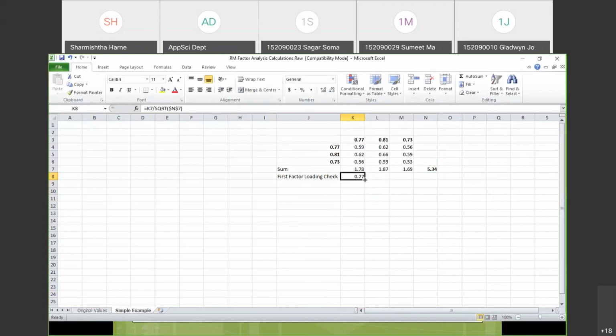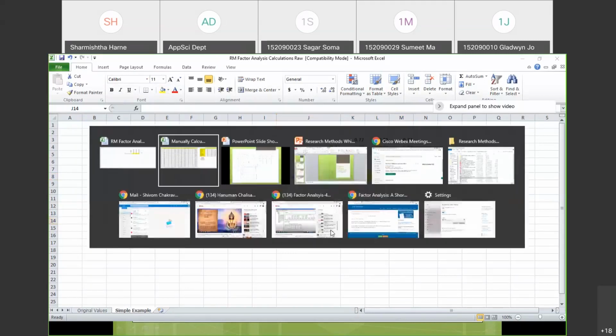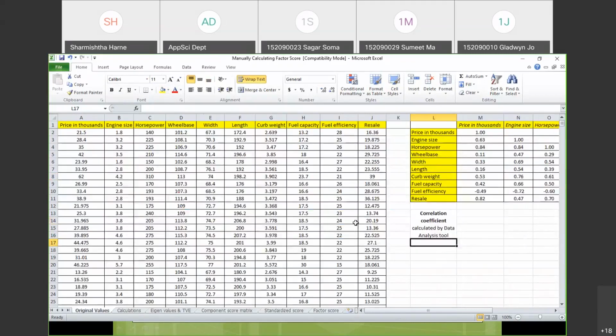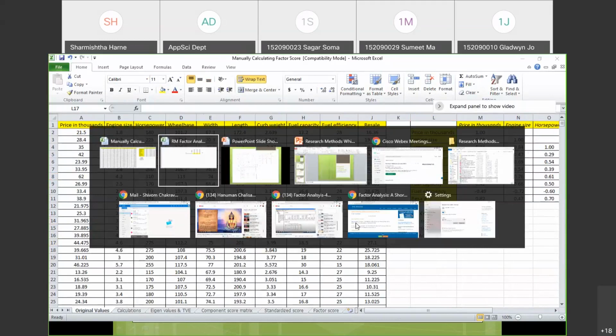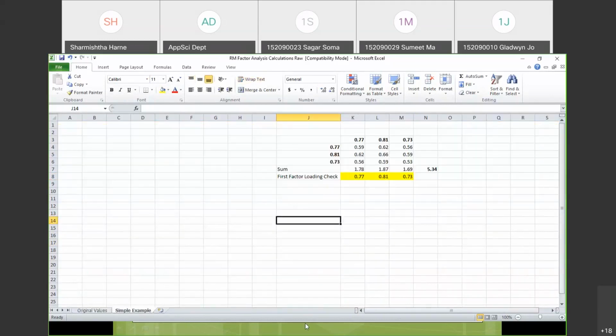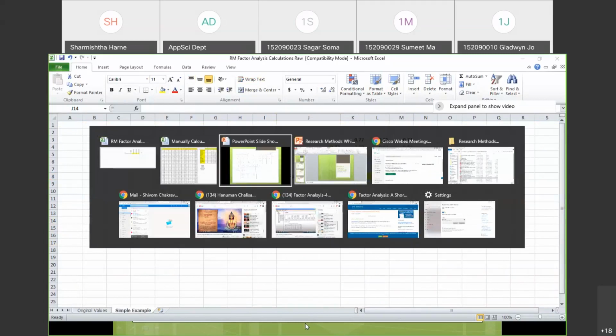Okay. So here, as you can see, we got the same values as what we had gotten in the table. It is actually not that much of a coincidence. We are supposed to have that.